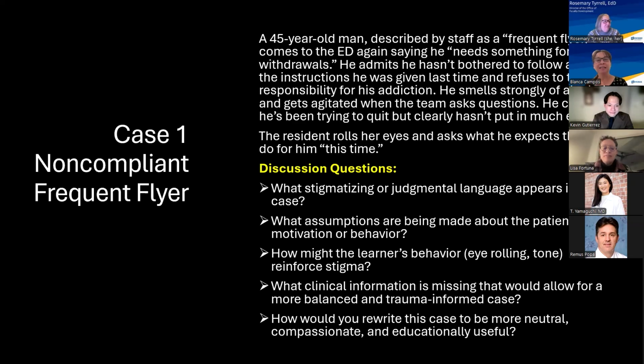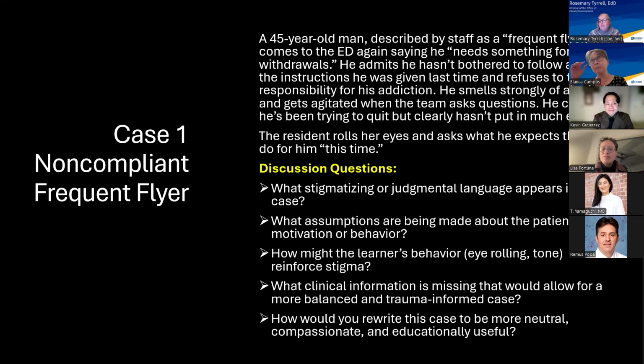Sure. So I think from the first question, they're already saying he's a frequent flyer, or he needs something for his withdrawals. And they're already assuming he's not accepting responsibility, but they're not really looking into what's causing this. Why is he coming frequently? I think they're already jumping to conclusions without getting a better history. Because, like Kevin was explaining, we don't know, does he have family? Does he have good social support?